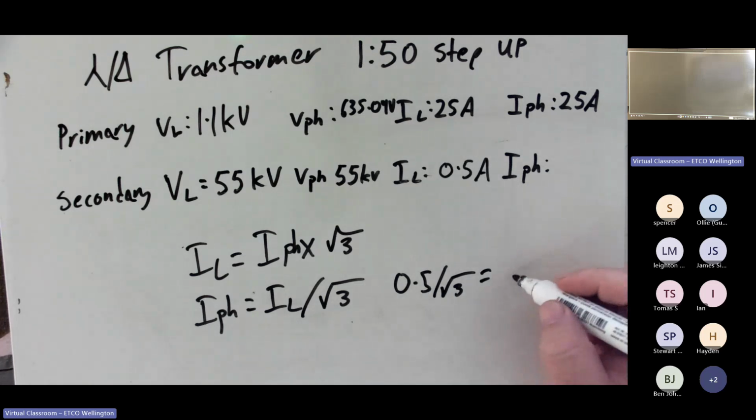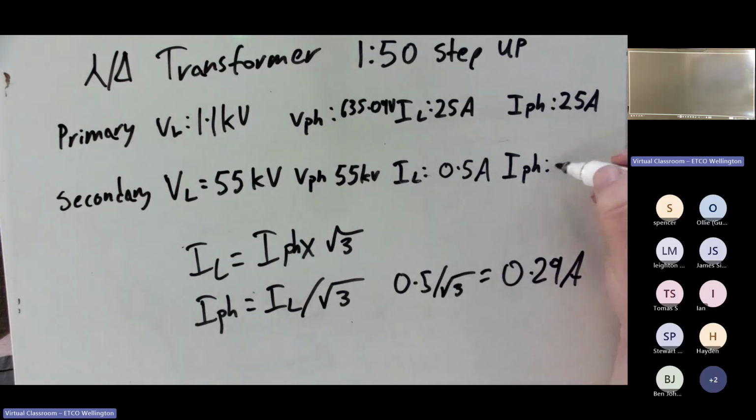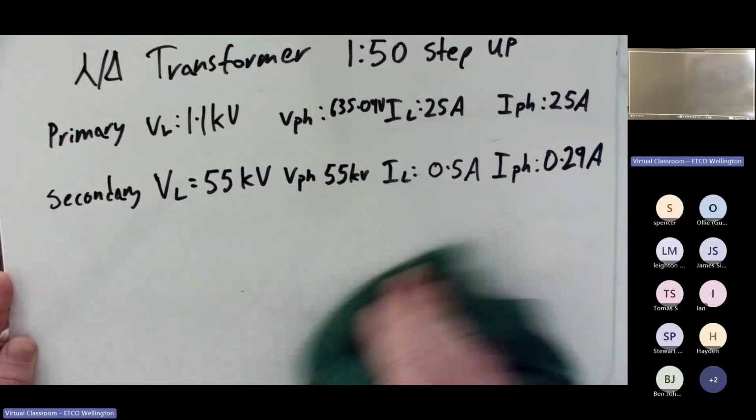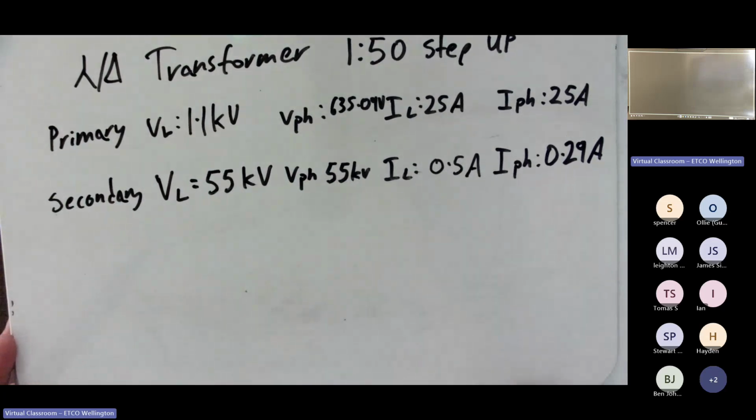Yep, pretty much gives us 0.29 amps. We can take that and fill it in. And there we have our primary and secondary phases and currents, voltages and currents.